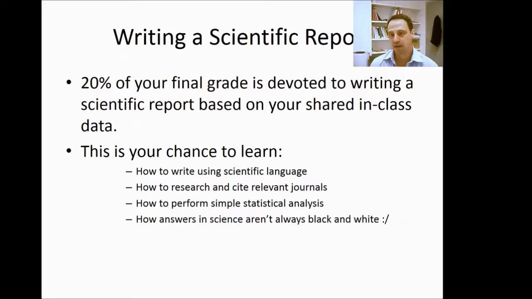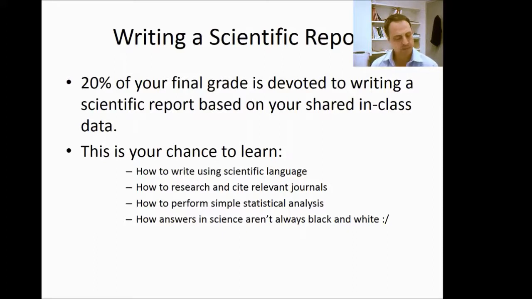Then you'll have to write a scientific report, and this will be 20% of your final grade, and it'll be based on the data that you collect in your practicals, and we'll combine the whole class data, and then you will write a report about that data. You'll need to write using scientific language. That's important. You'll need to do some research into relevant scientific journals.